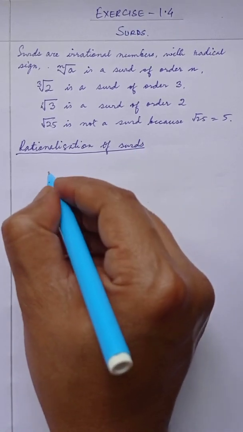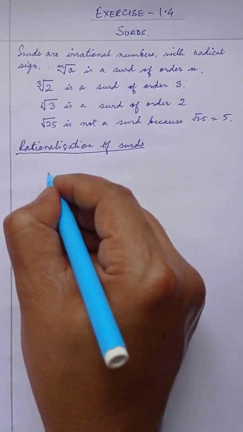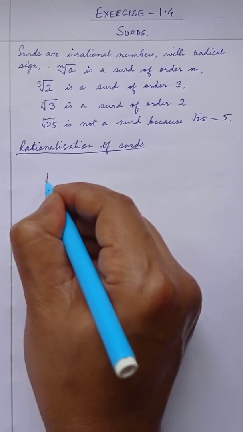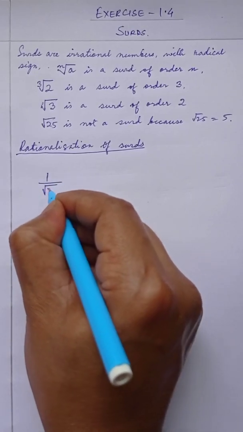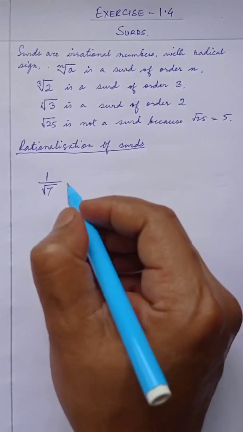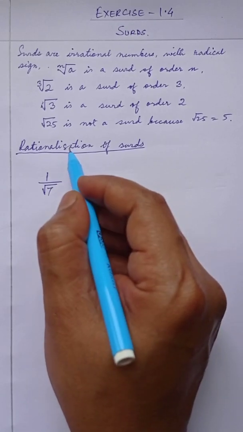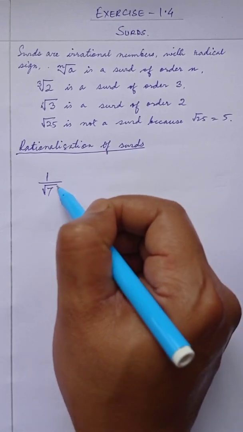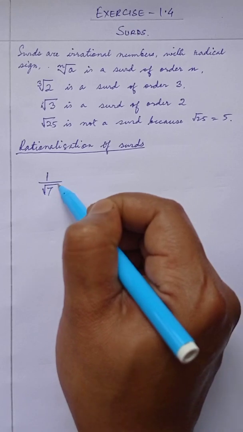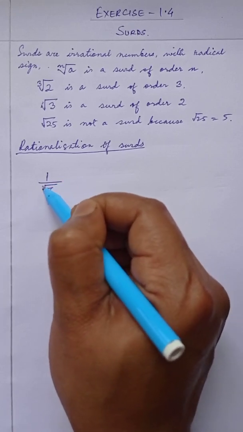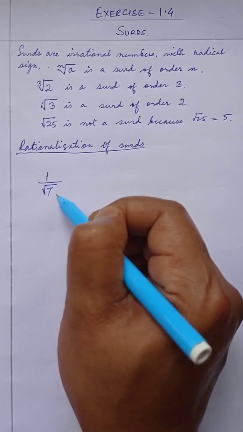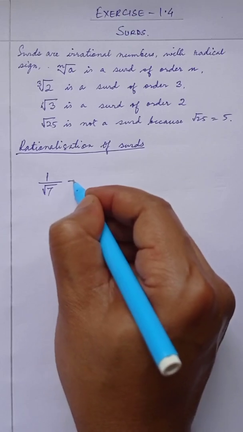For example, I have 1 by root 7, and suppose this is a surd. So when do we rationalize surds? Whenever you have an irrational number in the denominator, this has to be rationalized.